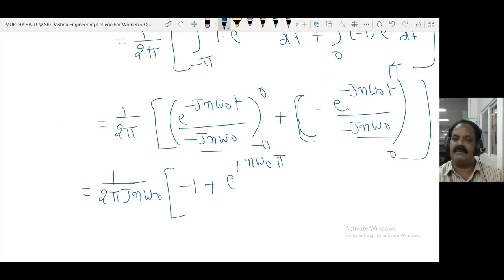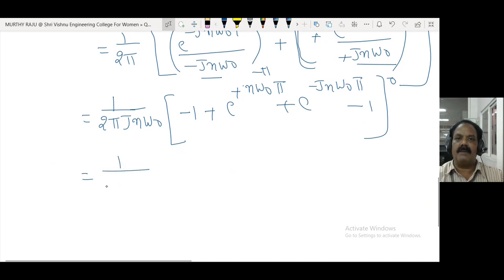Then the upper limit pi is substituted: e power minus j n omega naught pi, minus e power 0, which is minus 1.